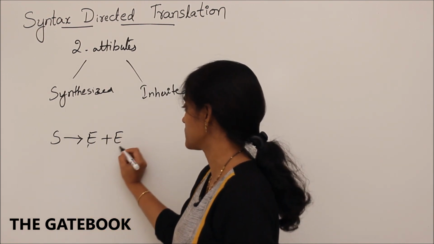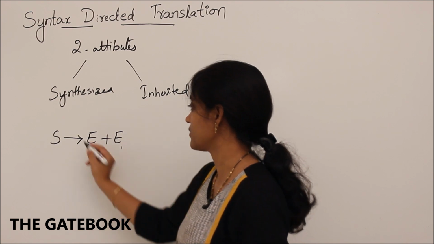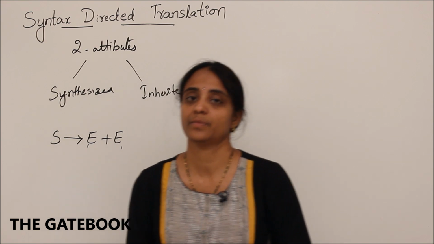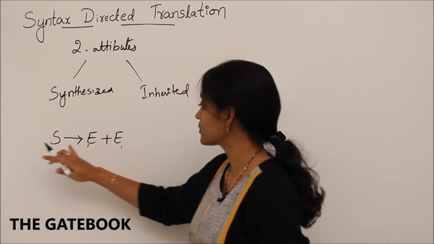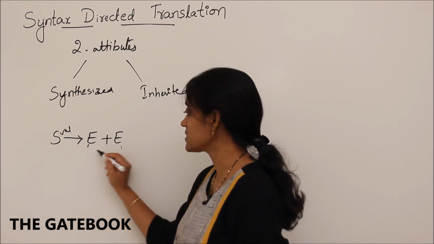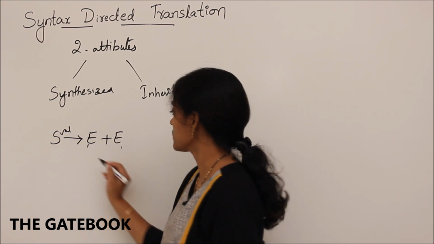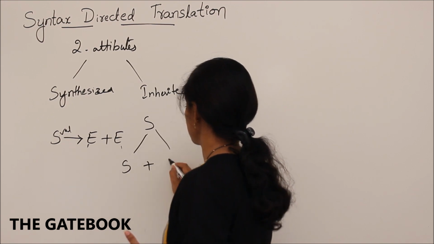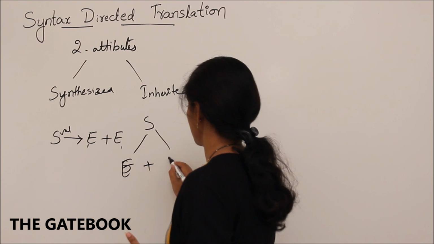We have two expressions, we perform addition of those two, and we store it in something called sum. To know the value of this, we need to know the value of this and the value of this. This is the parse tree, so E plus E.